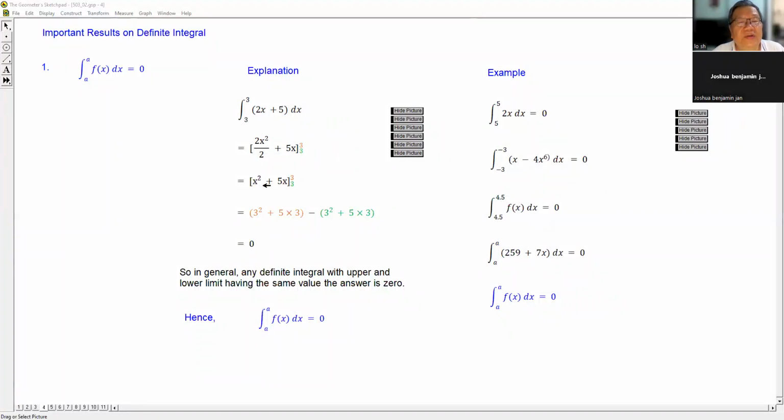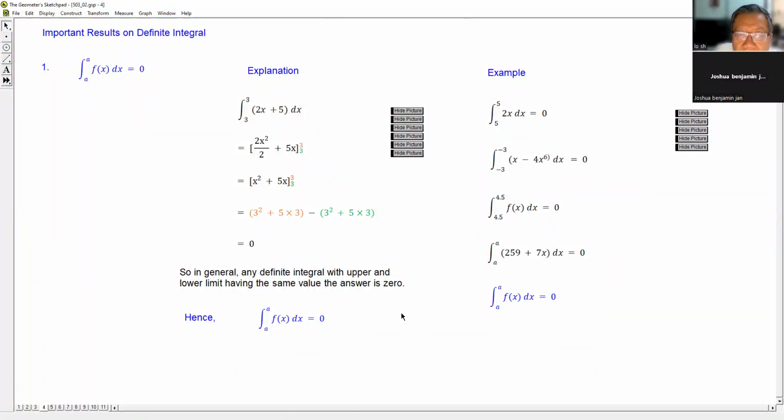So the first number you substitute in 3. Second number you substitute in 3. Then you are supposed to take this first bracket minus the second bracket. Since the two numbers are the same, the value must be the same. So when you subtract them, the answer is 0. Now that is the reason why integrate from a to a is 0.